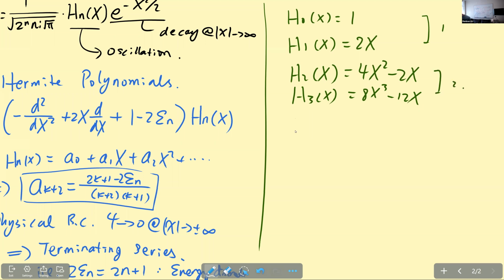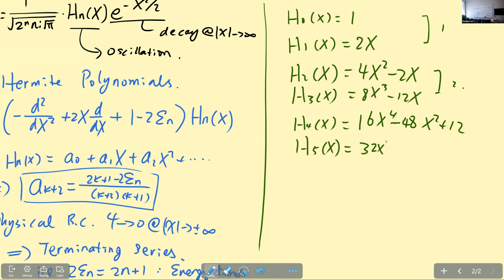And also, if you look at the fourth order, we have 3 terms. So you can continue this simply by applying those series. 32 x to the fifth minus 160 x cubed, and then plus 120x. Right, so this one has 3 terms.